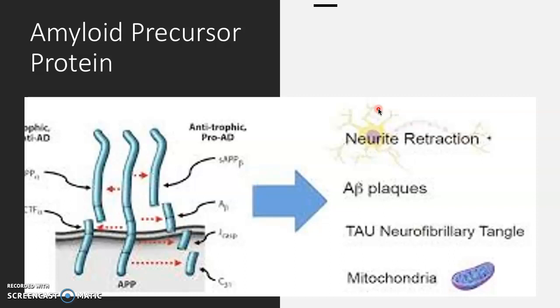So APOE4 causes it to go more to the right, where it gets cleaved the wrong way. And there's a lot of things that can affect this. Different things like stress and thyroid hormone and testosterone and even melatonin.